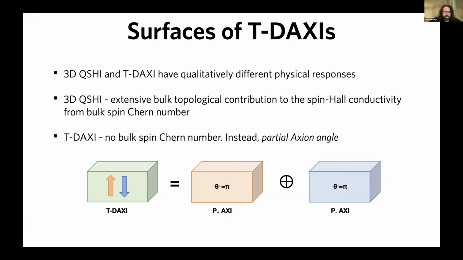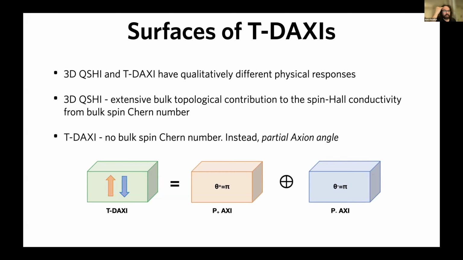However, you can imagine doing the following. Say you have one of these systems very close to a spin conserving limit. So it really is something that looks like a magnetic axion insulator of spin up electrons coupled to a magnetic axion insulator of spin down electrons with some very weak spin mixing interaction or spin mixing terms in the Hamiltonian.